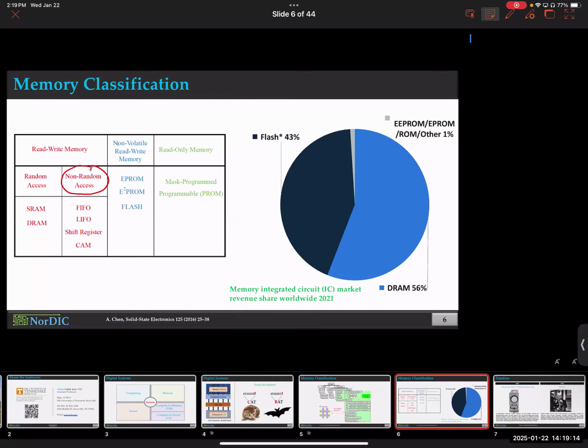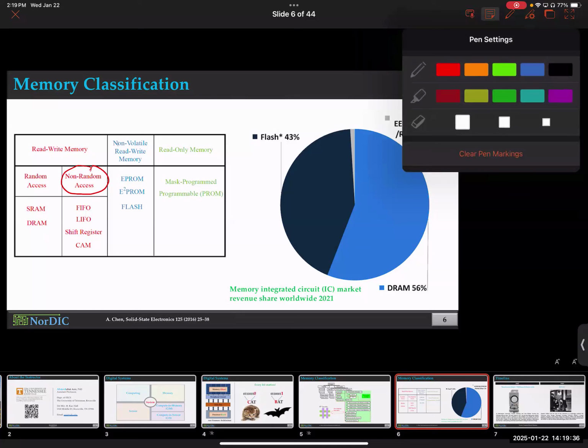First read this, and the other one, and the other one. If you need to read something in the middle, you have to go through the chain to get to that one. Obviously, that's not the most ideal case for most memories. If you have random access memory, we would obviously prefer to use it. That's why most effort in memory design nowadays is going towards designing better random access memory.